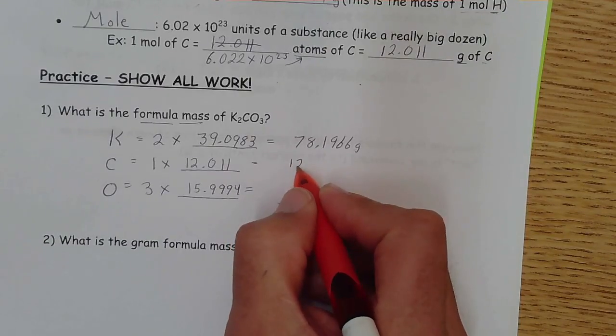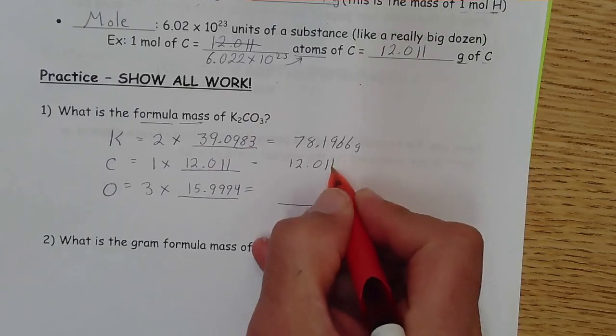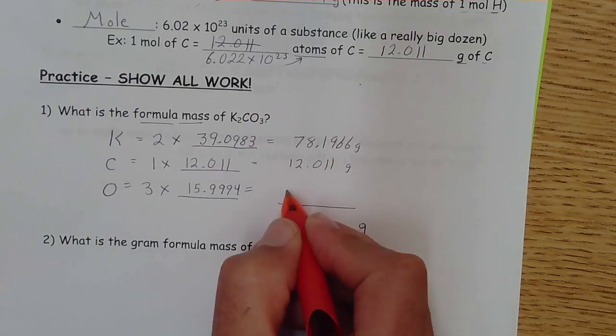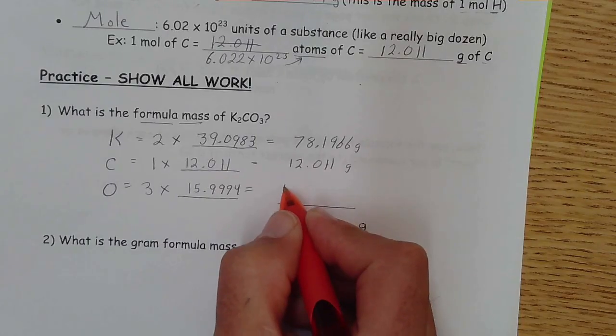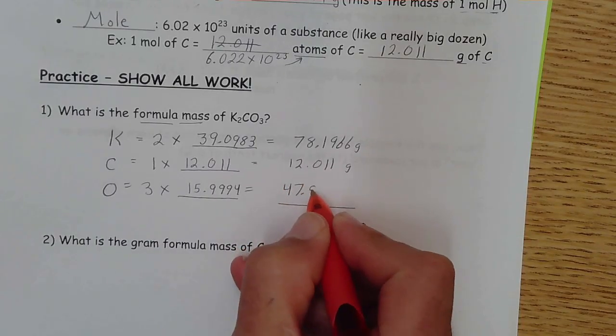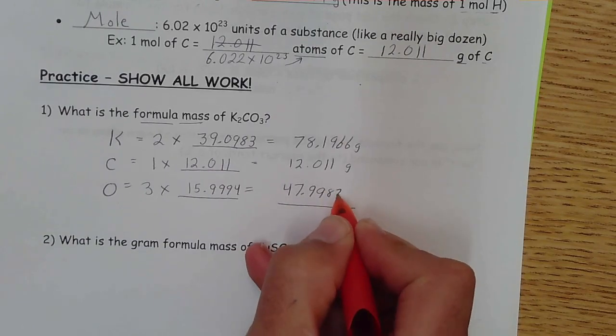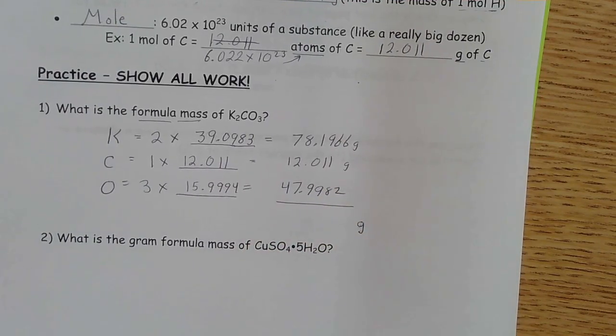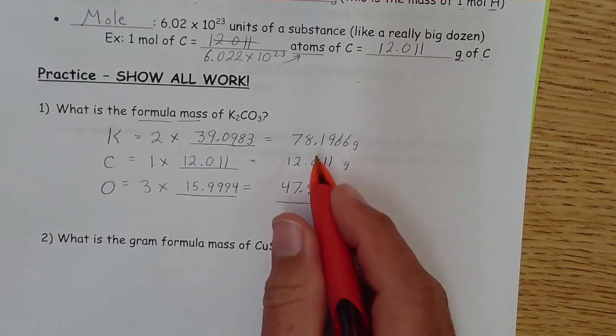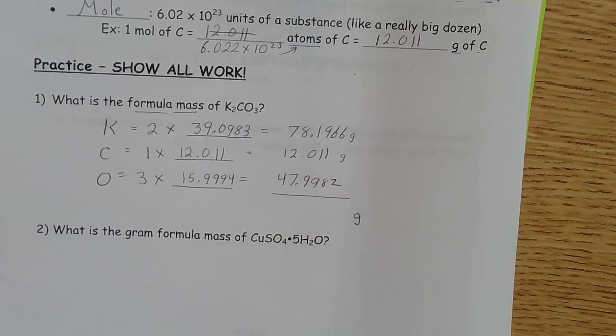We have 12.011 grams of carbon in this molecule for 1 mole of molecule, and we have 47.9982 of oxygen. And then we'll add those up, and I'll do this first one with you, pretty nice and steady.